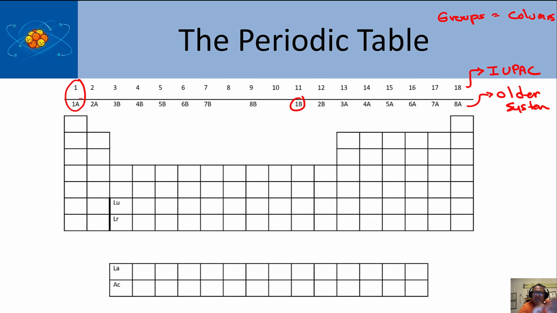So actually, what happens is in the older system, we group the elements according to certain types of properties they had, and we'll get to some of the names. But the B groups are called the transition metals. The A groups are the main group elements.